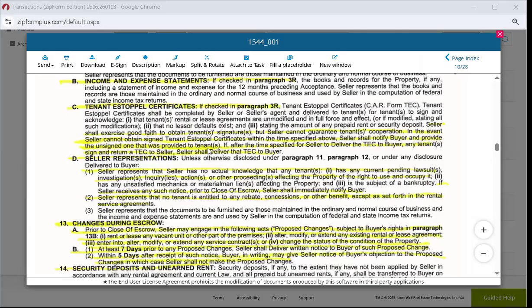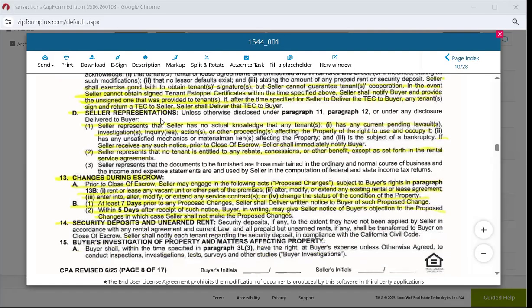Now, I don't know what a lender would think about that. If a lender requires estoppels, I'm only staying in my lane. But if something like that happens, you may want to inquire, is that something the lender is going to accept? Because the contract clearly states that they can give you an unsigned estoppel that they tried to get the tenant to sign. So I'm just pointing out little differences that we may want to pay attention to on this particular contract.